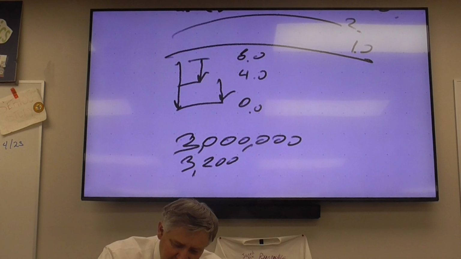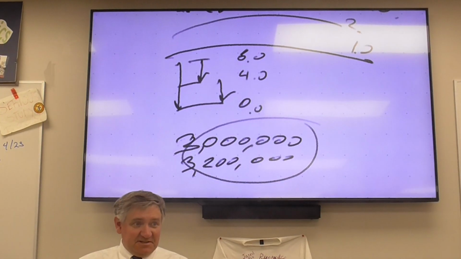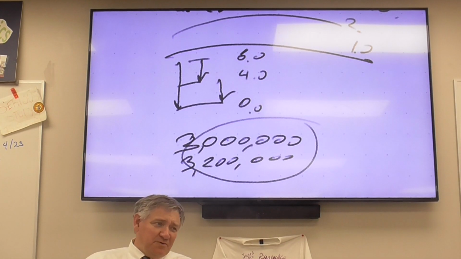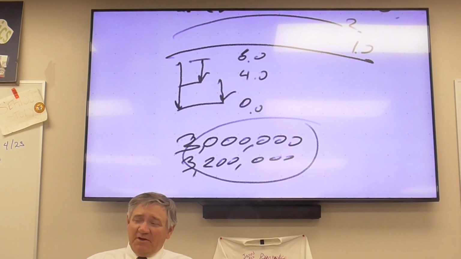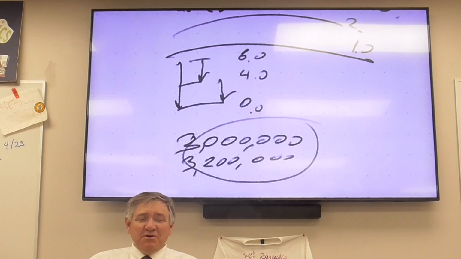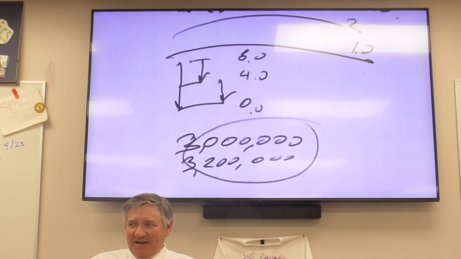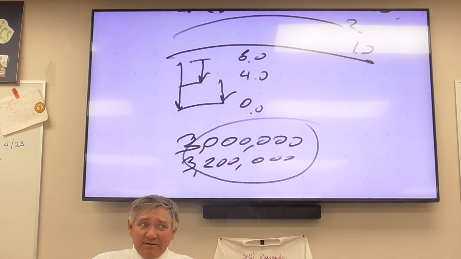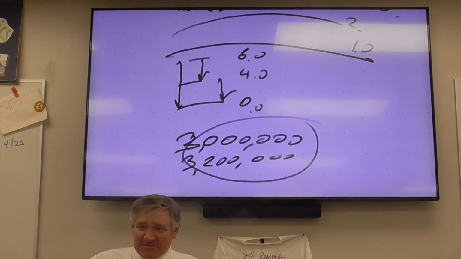And then 3.2 times 10 to the 6th. It doesn't look like much in scientific notation, but if you write it out, you have a difference of 200,000 meters per second. Oh, it's 2 times 10 to the 5th. That's a big gap, 200,000 meters per second.